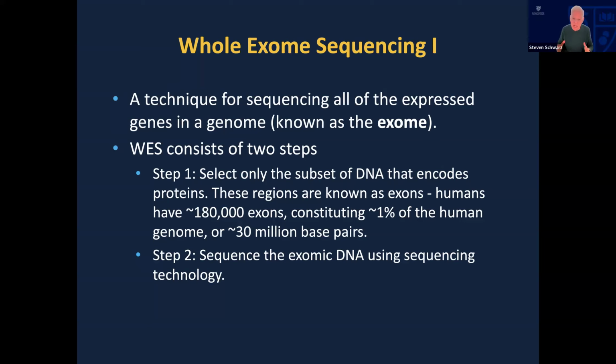These are known as exons. And as I said, humans have 180,000 exons, but they only constitute 1% of the human genome. So only 1% of the human genome is actually expressed. And then we sequence the exomic DNA using sequencing technology to try to find the key mutations in the expressed gene.